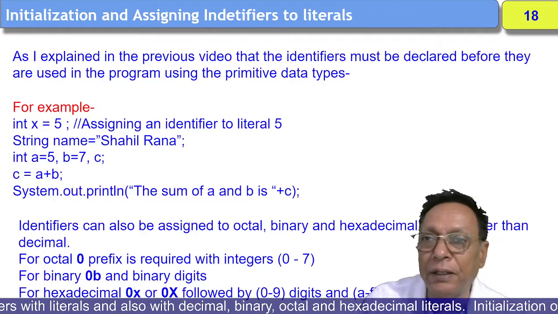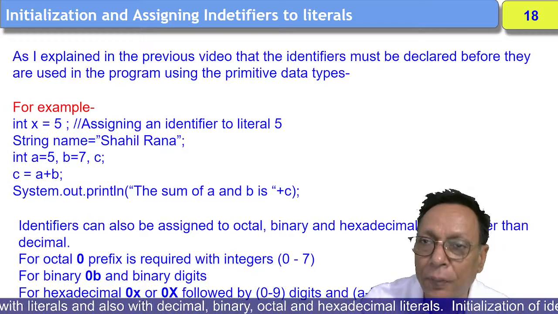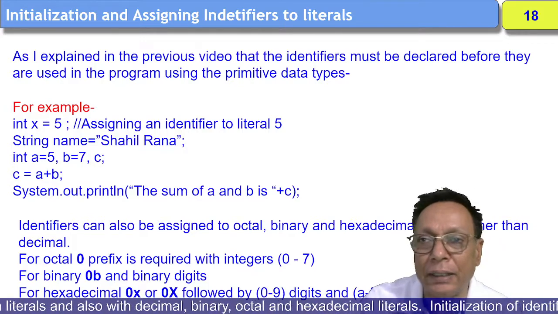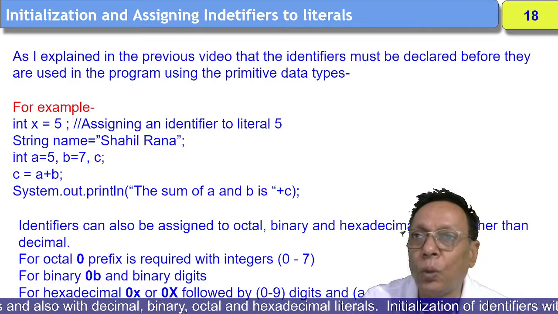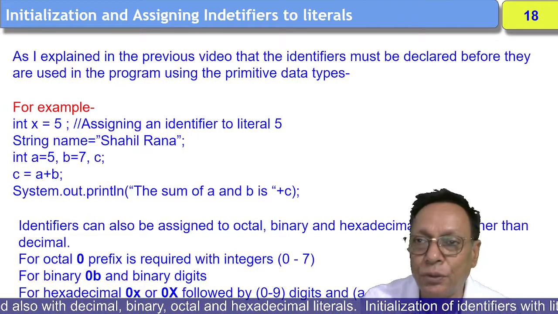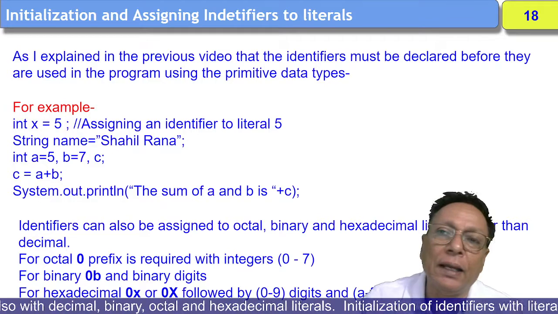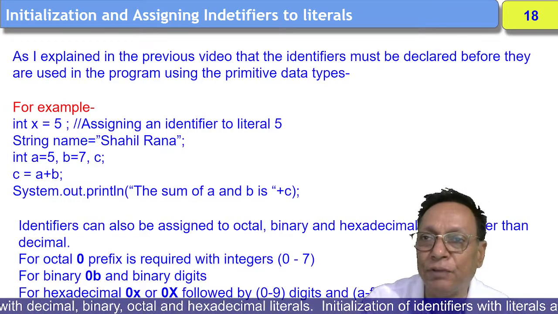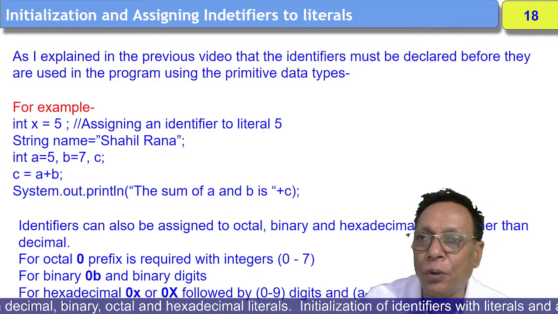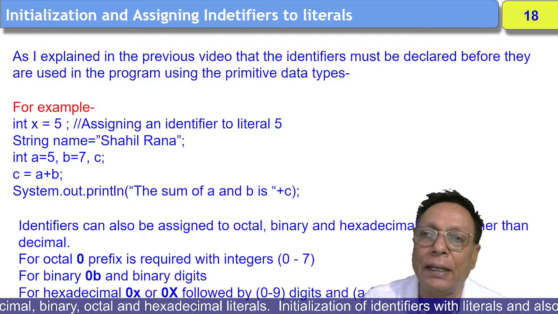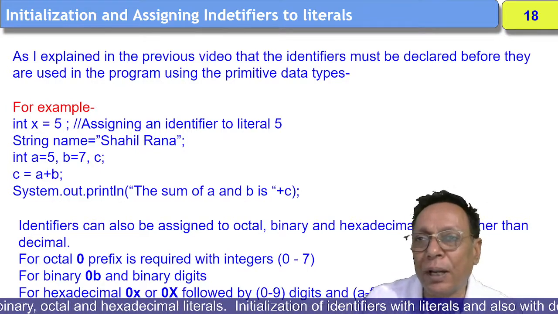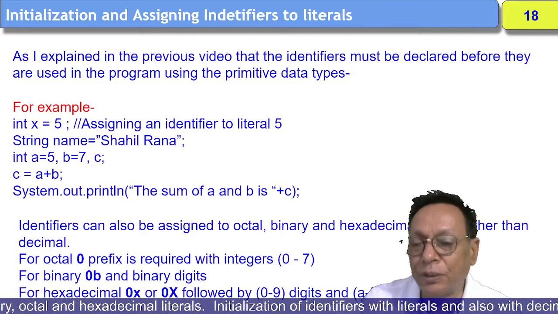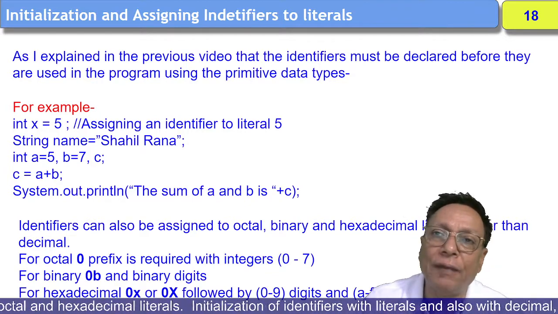After B, you may take a pattern of binary digits like 0b1010, whatever. 0 and 1 basically indicate a bit: 0 is 1 bit, 1 is 1 bit. So if you want to represent binary, you will have to take a pattern of combinations of 0s and 1s. This way you can initialize an identifier with a binary number.